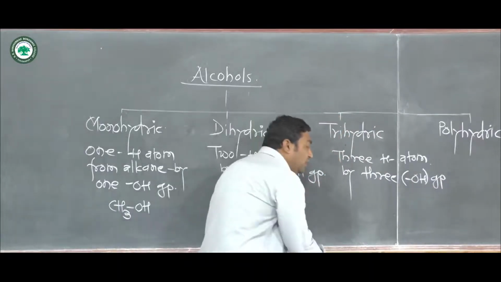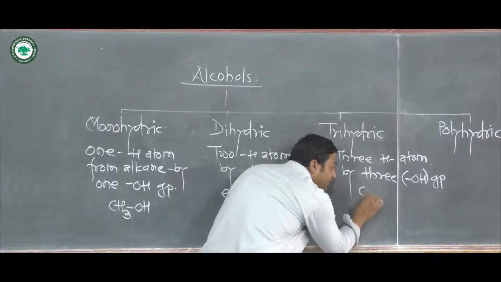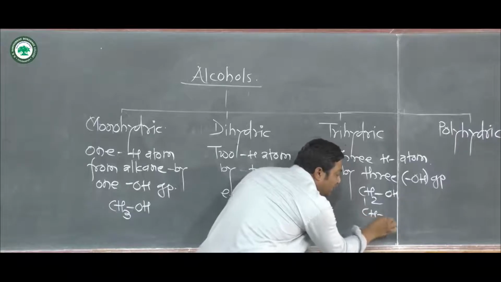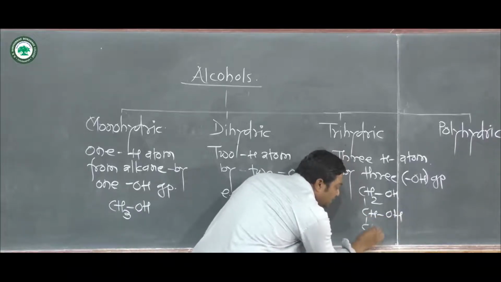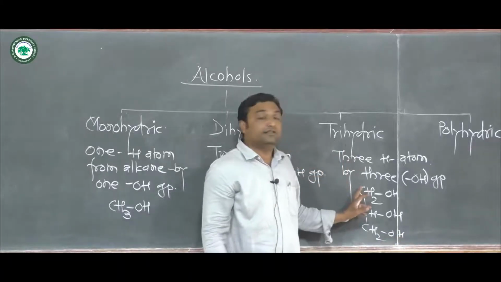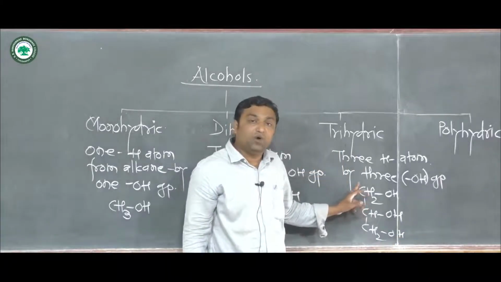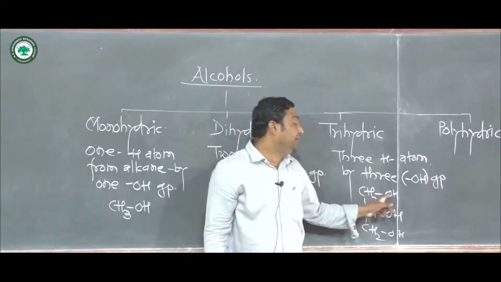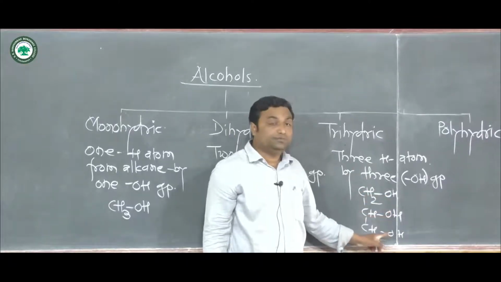The example of this trihydric alcohol is glycerol, that is CH2OH, CHOH, CH2OH, in which three hydrogen atoms, one from each carbon atom of the propane molecule, are replaced by three OH groups.